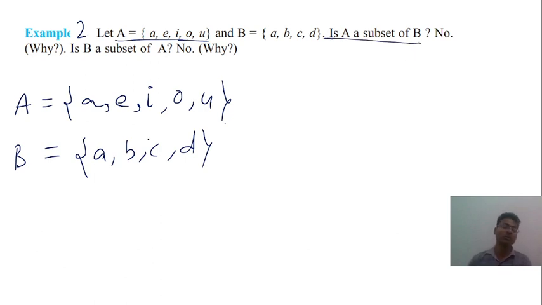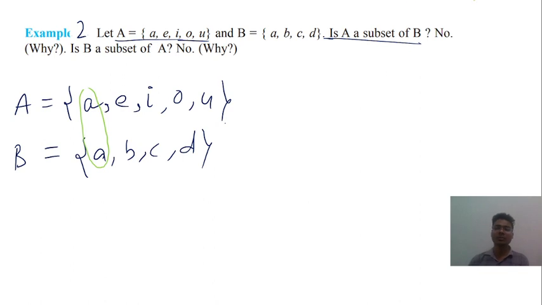I told you that for A to be a subset of B, all the elements of A must be present in B. So we will map which element is present in A and B. Only A is present in both, and none of the other elements is present here.